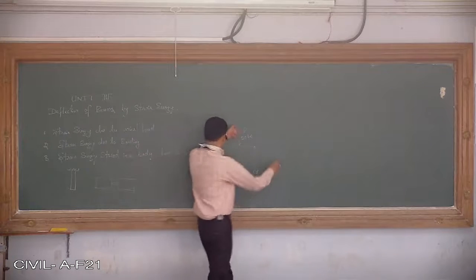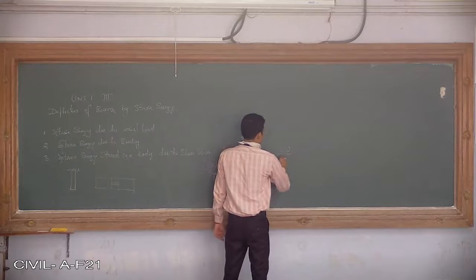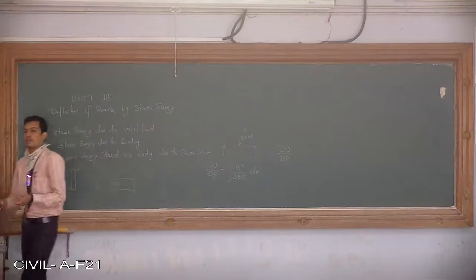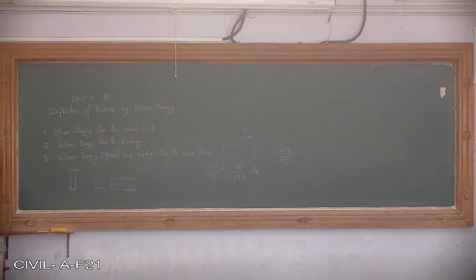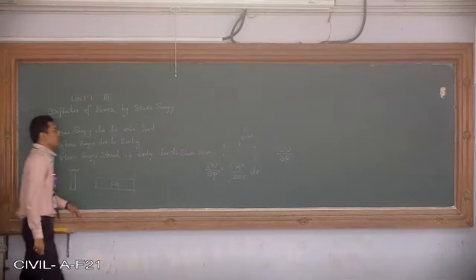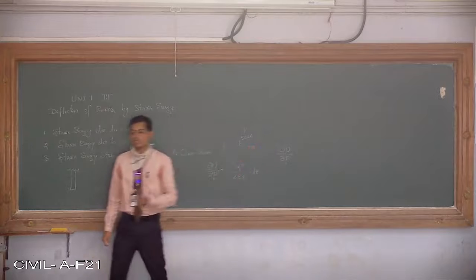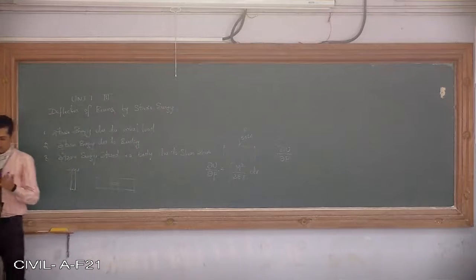We have to differentiate with respect to P, which is why the P term is taken. Later, in the final substitution, you equate P to the actual load. So you will get the strain energy in that system.